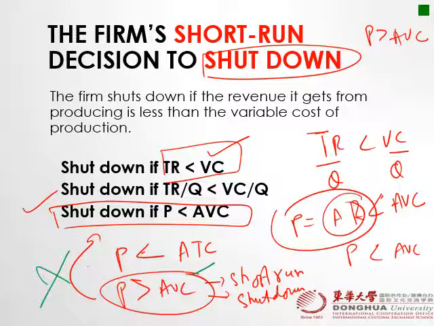So these two conditions are the same. If your total revenue is not covering your variable cost, then you decide to shut down temporarily until the market condition improves and price is greater than the average variable cost.